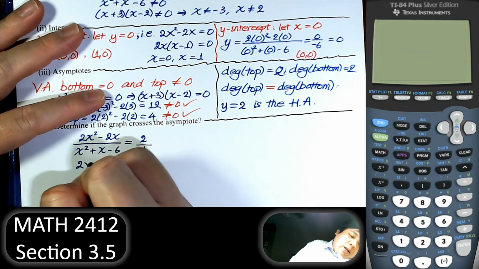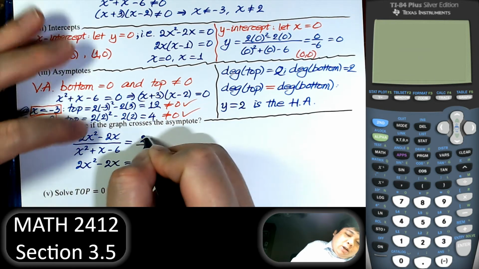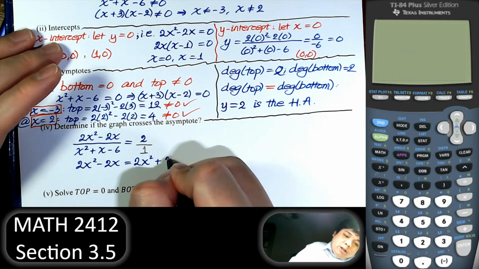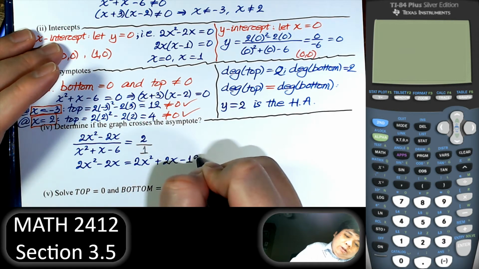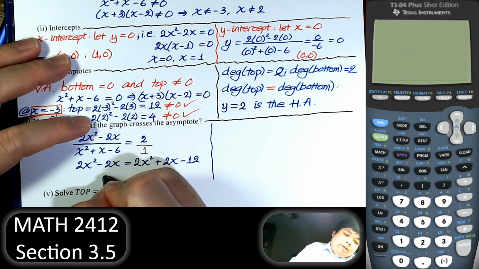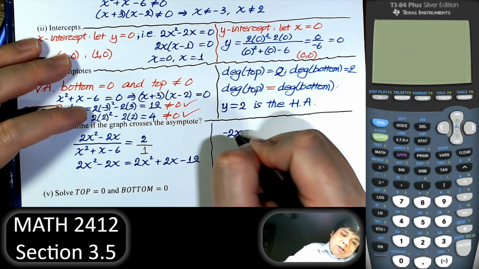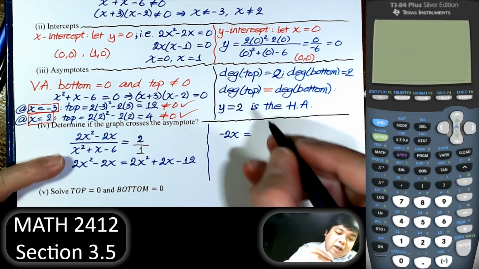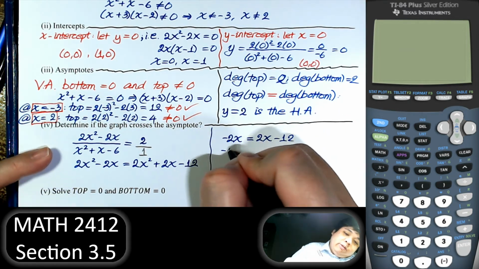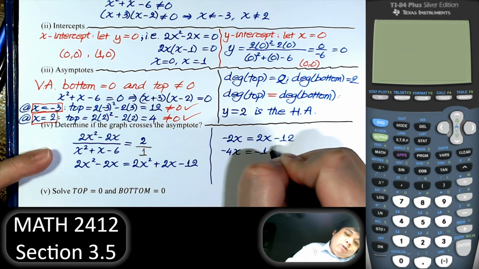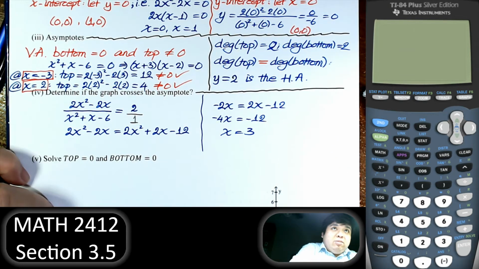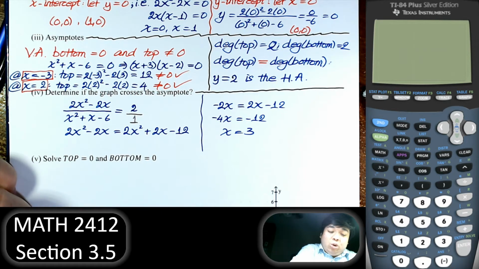So 2x squared minus 2x equal to 2x squared plus 2x minus 12. The 2x squared cancel out. We have minus 2x equal to 2x minus 12. Move the 2x over: negative 4x equal to negative 12. So x equal to 3. So it will cross the horizontal asymptote when x equal to 3.